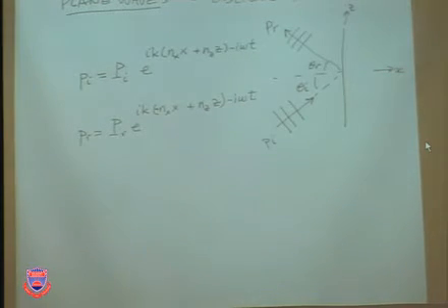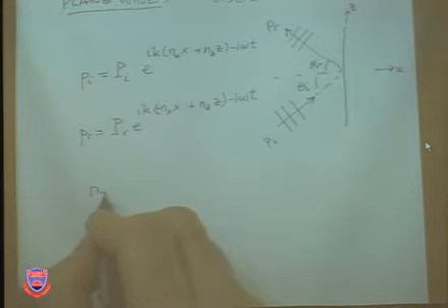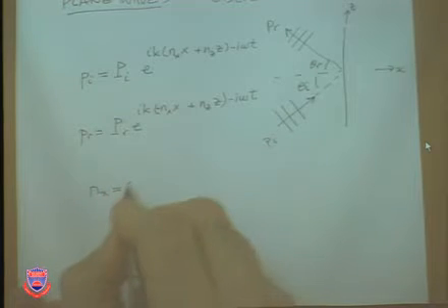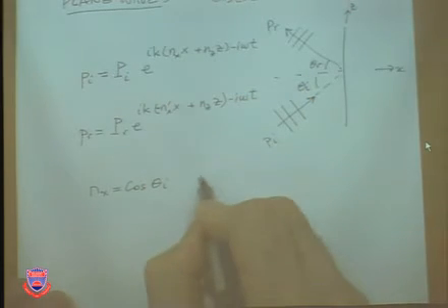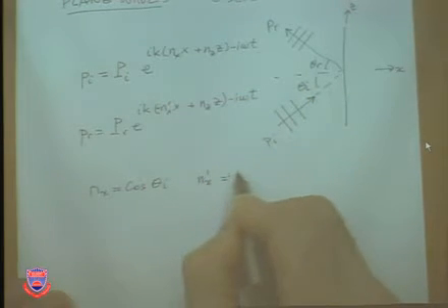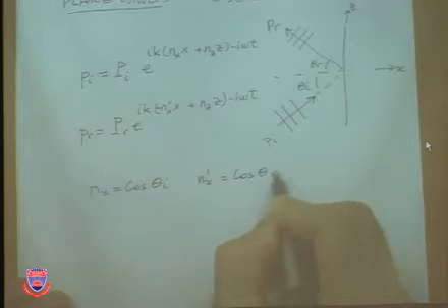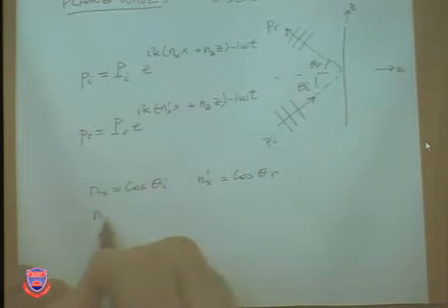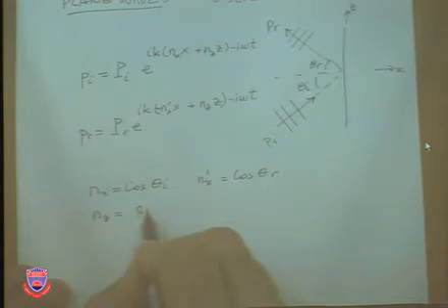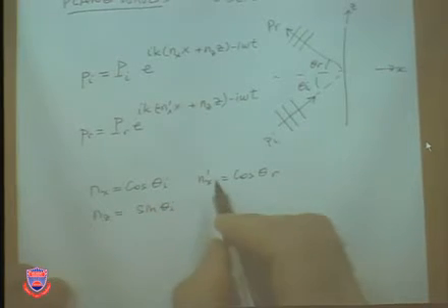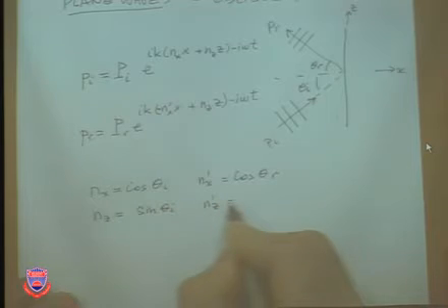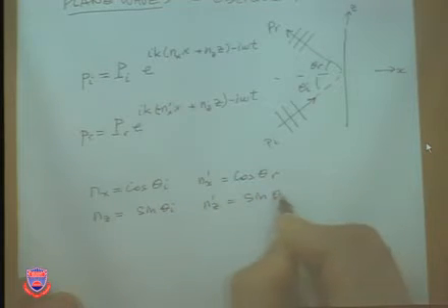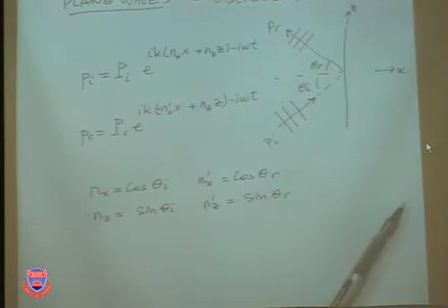Okay. And here we're trying to simplify it a little bit, but n x is cosine theta I, and this is n x prime. n x prime is cosine theta of reflection, and n z is sine theta I, and n z prime is sine theta reflection.